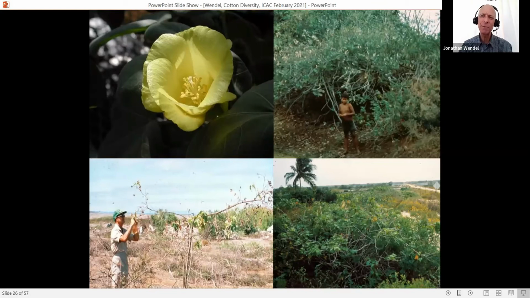It turns out to be the basal branch within the allopolyploid clade. In the lower left, you have a wonderful picture of the Gossypium from the Galapagos Islands, which has the lovely commemorative name Gossypium darwinii, commemorating the island's most famous visitor, of course, Charles Darwin.